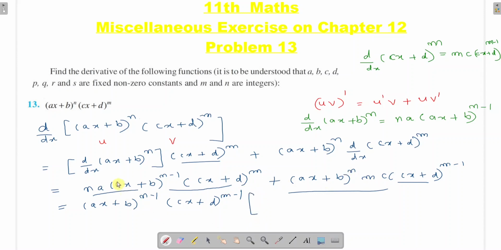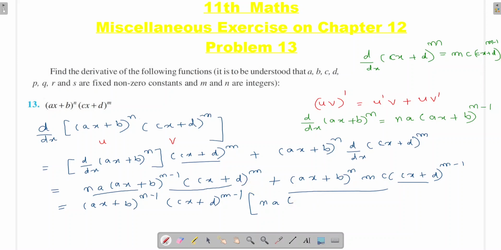So what will we get? na remains here, and since we have taken (cx plus d)^(m minus 1) common, one (cx plus d) will remain, sorry, cx plus d will remain.